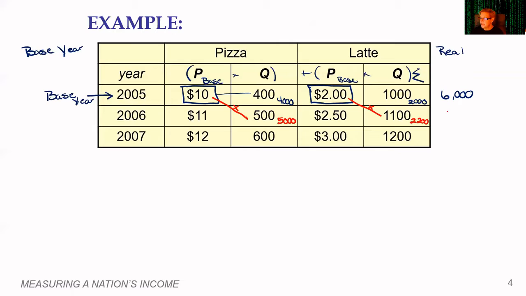Add those two together and we get 7,200. 2007, we're going to take 10 times the 600, which gives us 6,000. The 2 times the 1,200, which gives us 2,400. And add those two together, we get 8,400. Very different than what we had before.